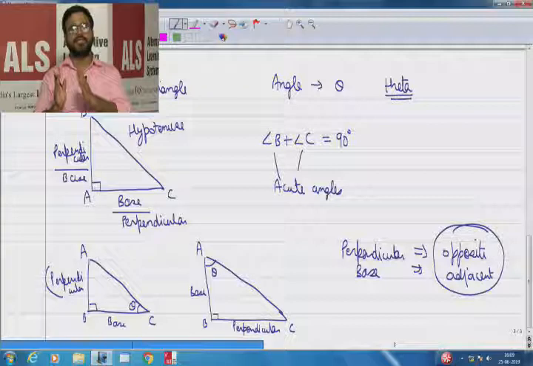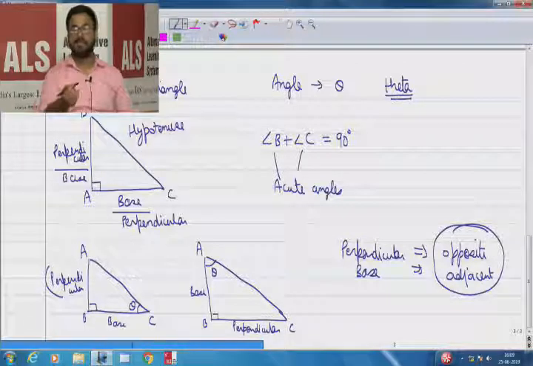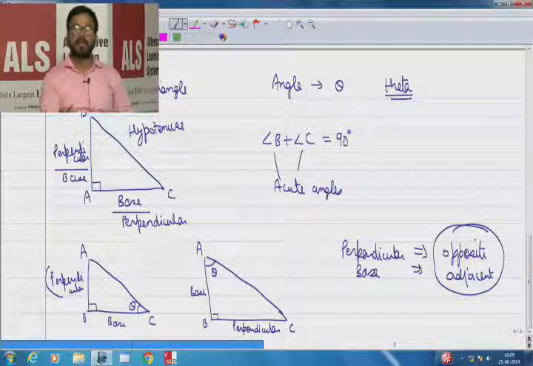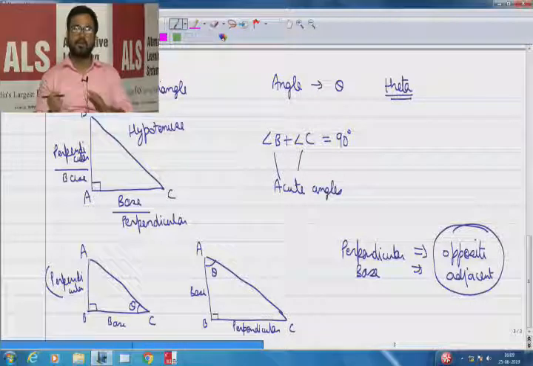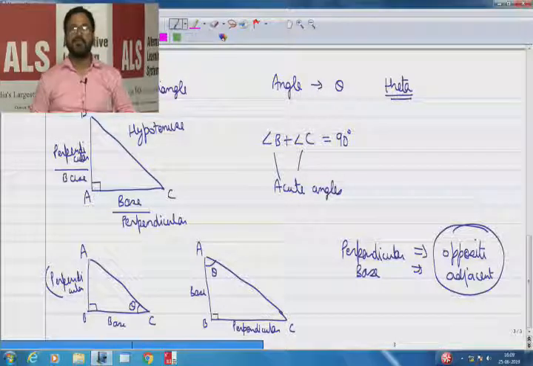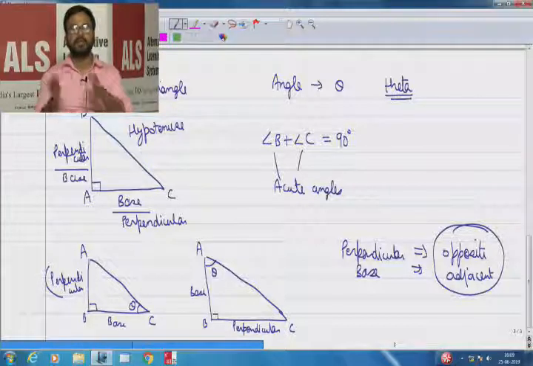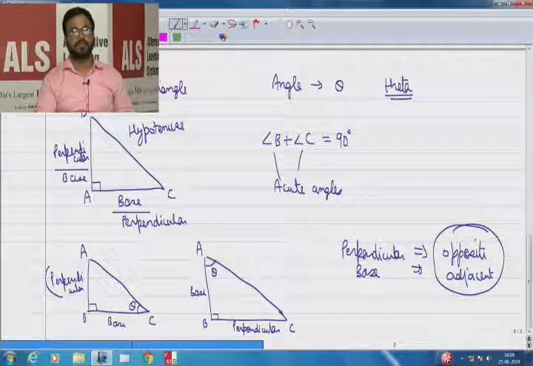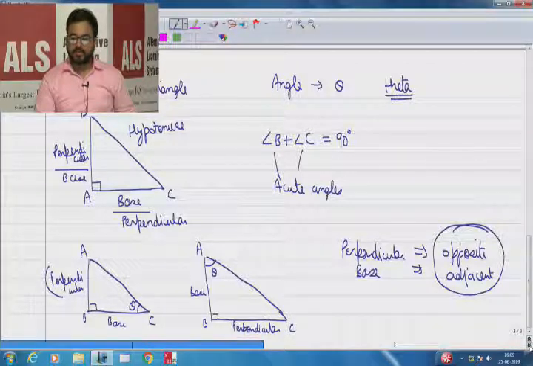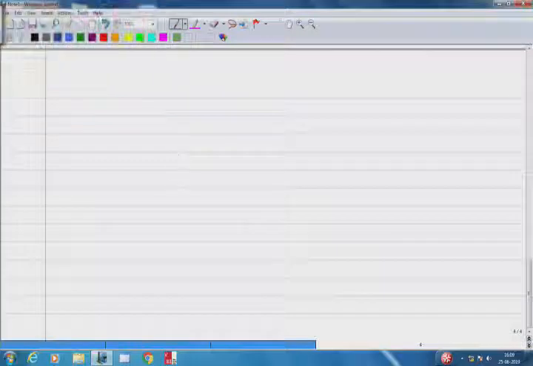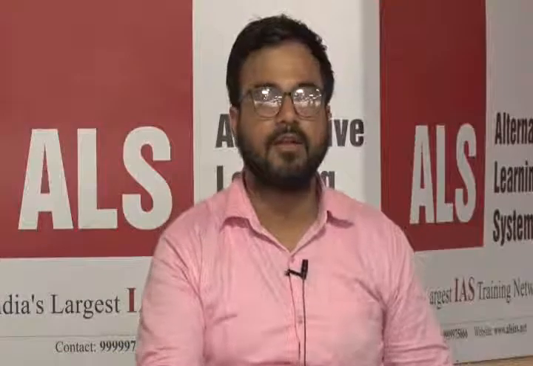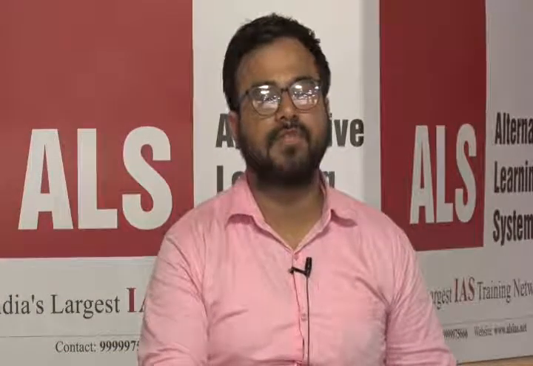As you can see in the diagram, if I take C as my angle, then AB is called the perpendicular, opposite to C, and the remaining BC is called the base. And if I am considering A as my angle, then BC is the perpendicular and AB is the base. Right? Okay, perfect. Now in this trigonometry, since we are using a triangle, you know in a triangle we have three sides.